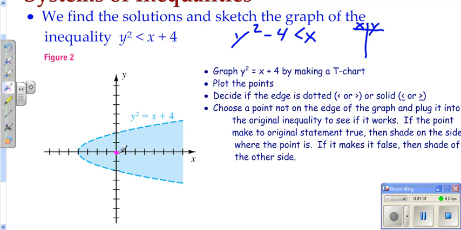If it does, then you've got to choose some other point that's not on your curve. You then plug that point of 0, 0 in. 0 less than 0 plus 4, is that a true statement? In this case, yes, it is. Since this point we plugged in works, we're going to shade on this side. If this point did not work in our problem, then we would have been shading on the outside.